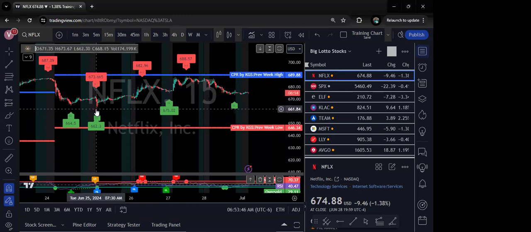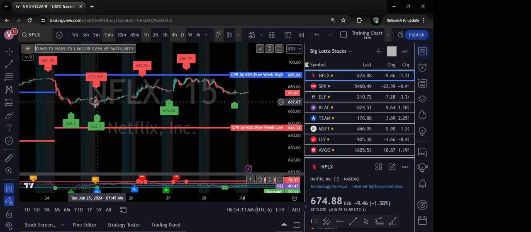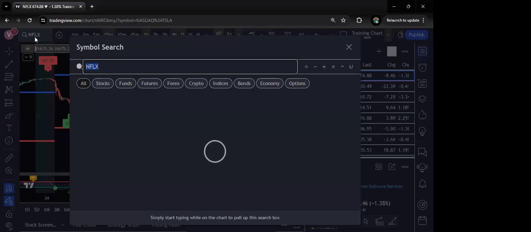From 662, you'd be getting calls back to 689, and it hit 688. If it's not breaking, give it 2 days to give a lower high or a double top, and that's what it did. Then on Friday, we had this move down. So you'll have some stocks giving you multiple entries, either going back up or coming down. So Netflix, that was that.